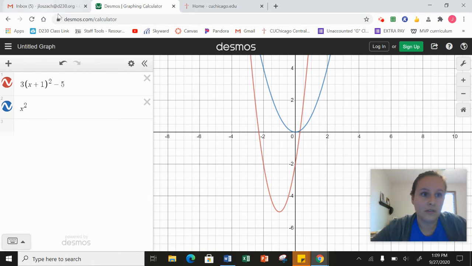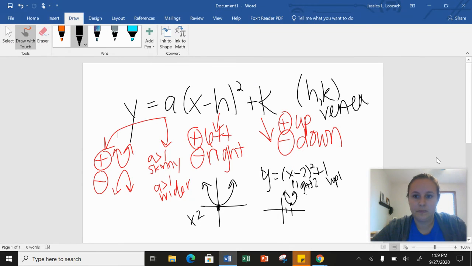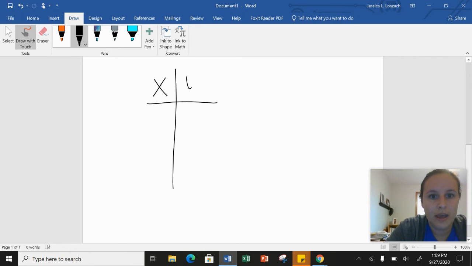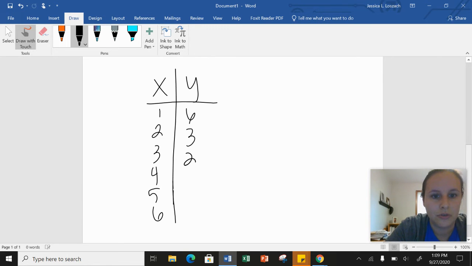The table, so the bottom part with the table. When you have a parabola, it opens up like a U, so it's the same on both sides. So what that means, and I'm just giving you a random problem here, is if you have a table that looks like this, let's just do 1, 2, 3, 4, 5, 6, and you have 6, 3, 2, 3, 6, 8, okay?